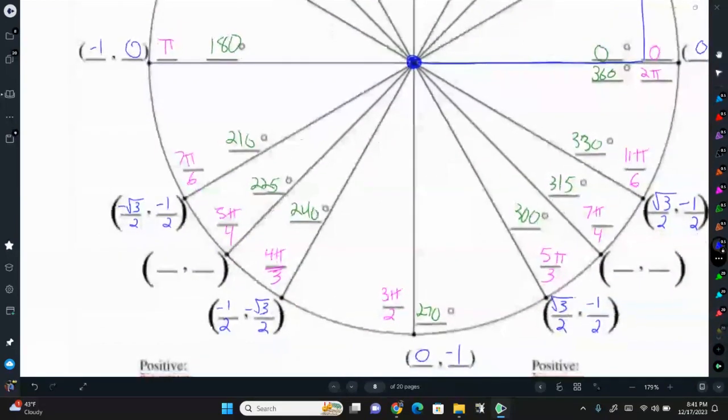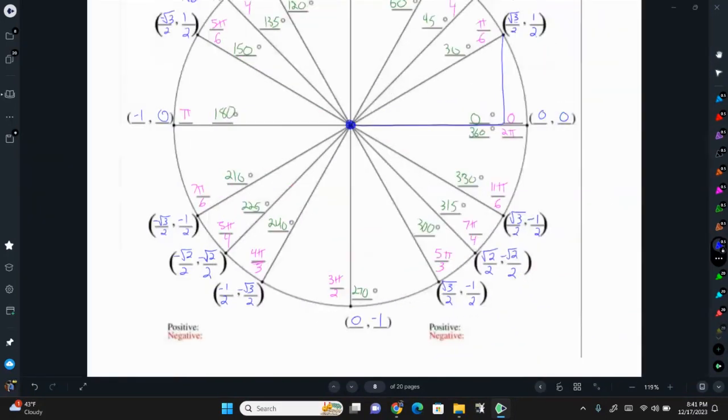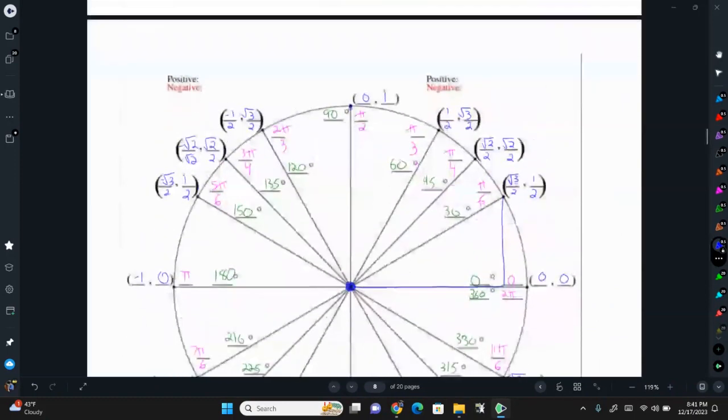And then down here, both coordinates are negative. And then in quadrant number 4, just the y-coordinate is negative. So now we have the whole unit circle filled out.